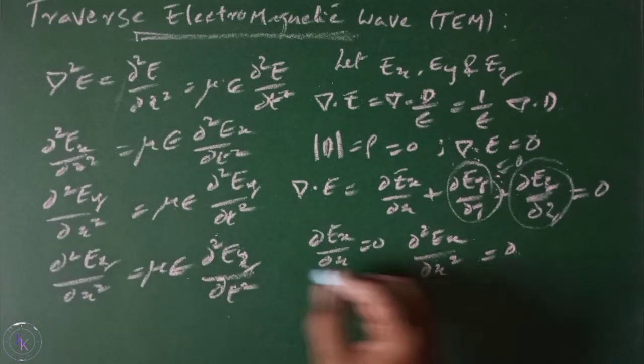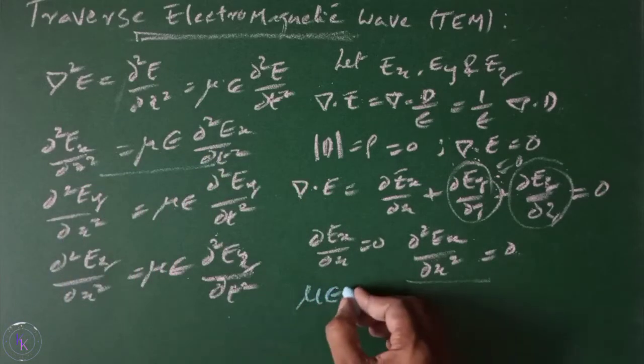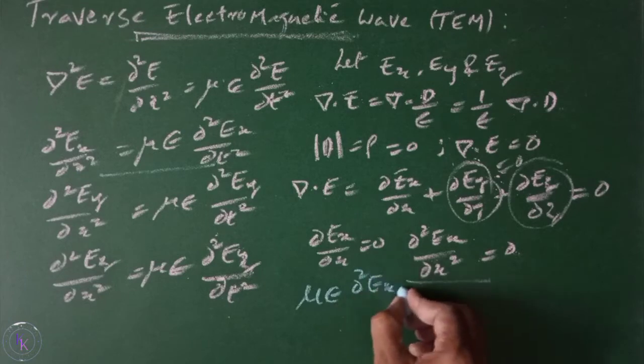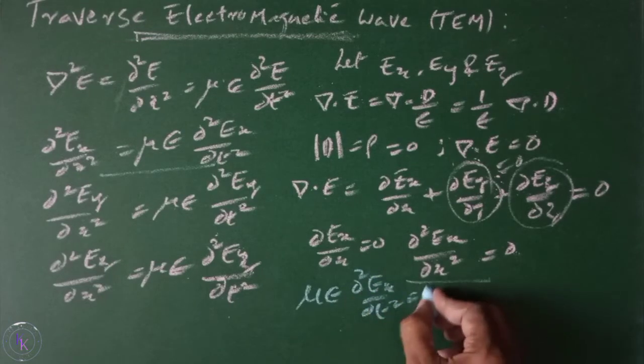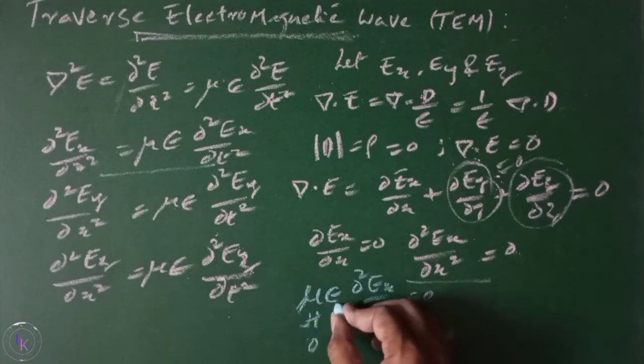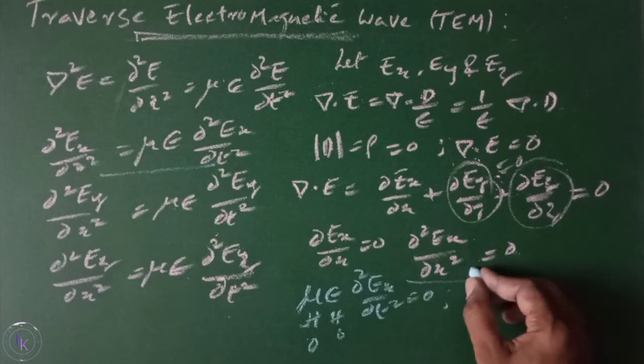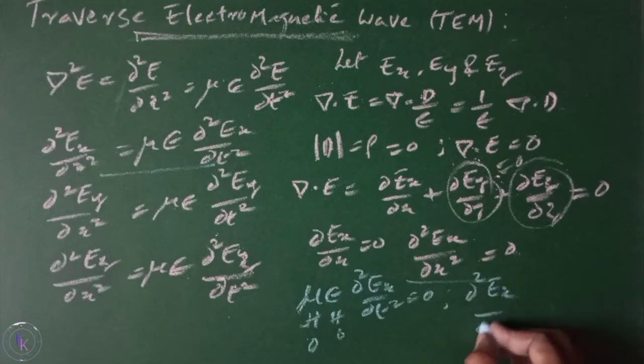Now from these two equations, we can write mu epsilon ∂²Ex/∂t² equals 0, where mu is not equal to 0 and epsilon is not equal to 0. Then the term ∂²Ex/∂t² equals 0.